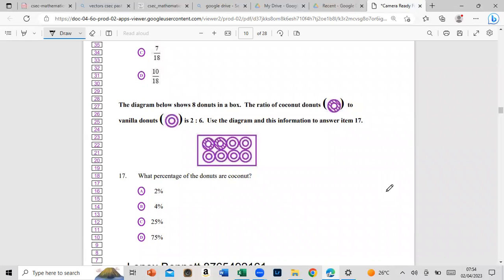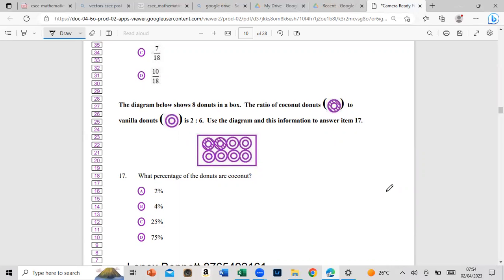Alright, let's move on to 17. The diagram below shows 8 donuts in a box. The ratio of coconut donuts to the vanilla donuts is 2:6. Use the diagram and information to answer item 17. What percentage of the donuts are coconut?